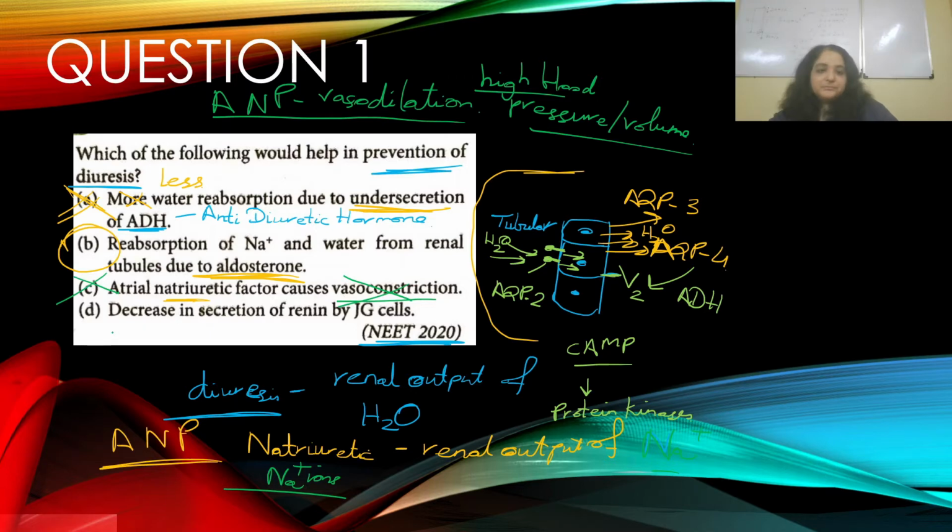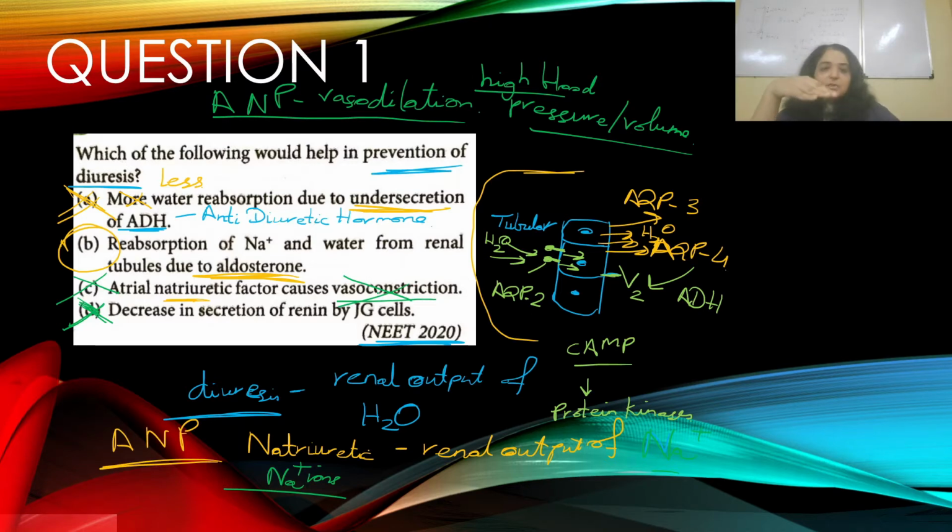D, decrease in secretion of renin by JG cells. Again, this is an incorrect statement. Now, to prevent diuresis, you need to conserve water.